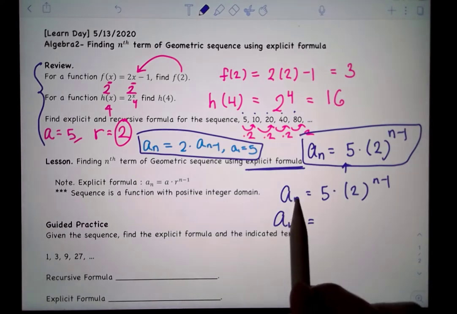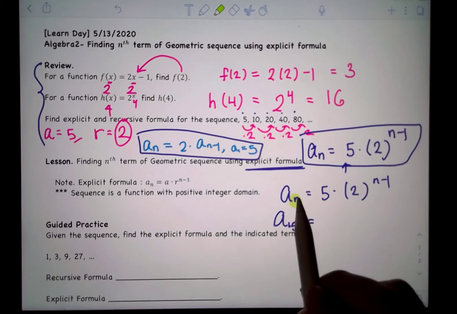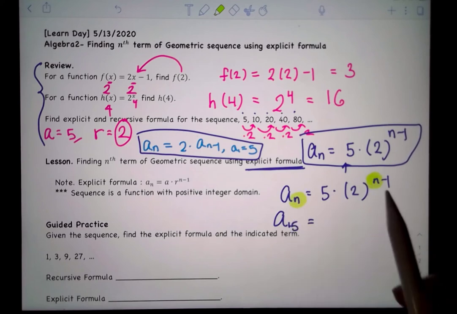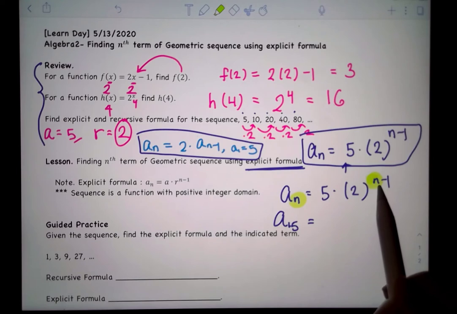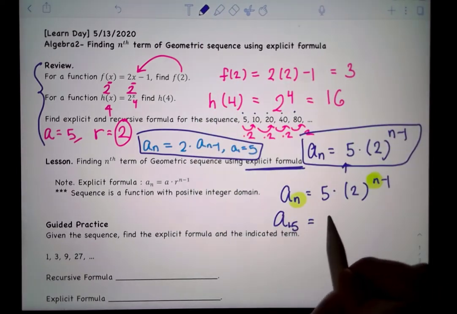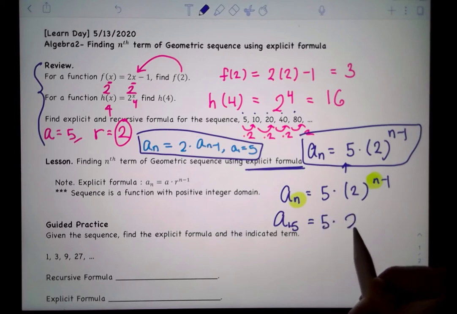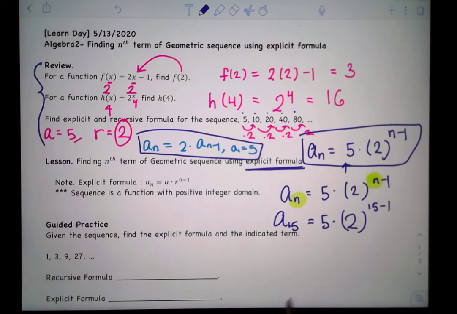Look at this. n to 15, right? Here's n. There's another n, right? If you change this, you need to change that. So it's like a function. So a sub 15 is 5 times 2 to the 15 minus 1. So that will be 5 times 2 to the 14th power. These numbers are so big, so I'm not going to find it.